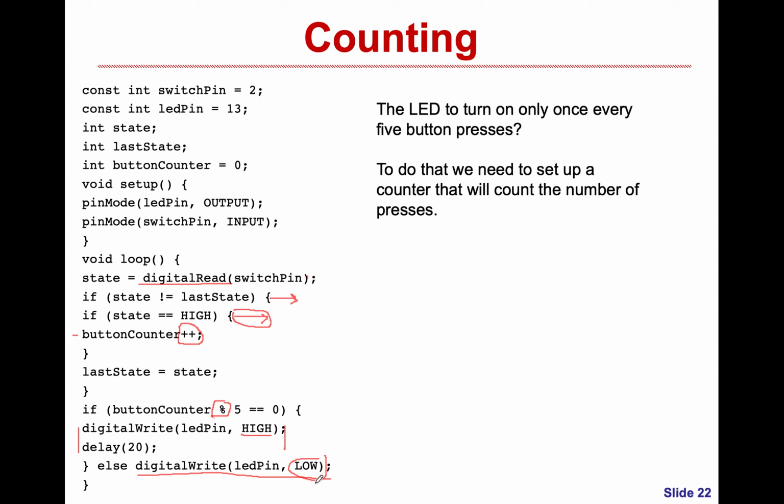So at the 5th press, it will go on. At the 6th, it will go off. At the 10th, it will go on. At the 11th press, it will go off, etc. So it's a kind of counter, but it's one of the applications that we can use.